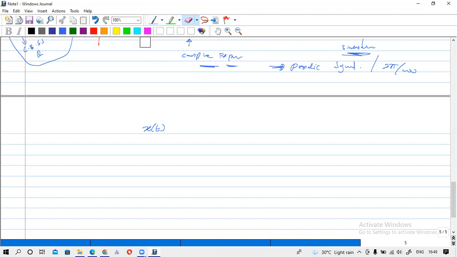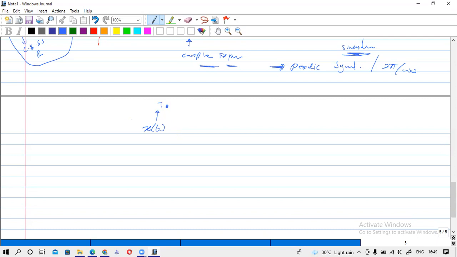Anyway, this is a periodic signal, and let's say the fundamental period is T naught.